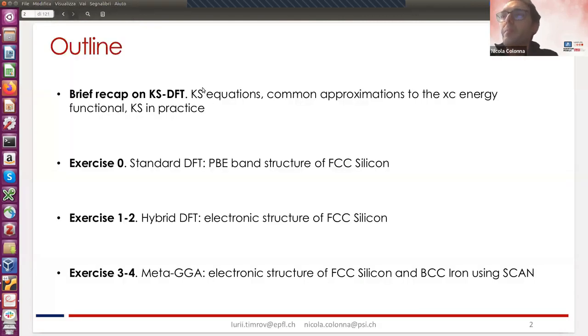Essentially, we are going to go through a brief recap on Kohn-Sham density functional theory: what the Kohn-Sham equations are, how they are implemented in Quantum ESPRESSO, and what the typical approximations for the exchange and correlation energy functional are. Then I will do a first very simple exercise on how to compute the band structure of bulk silicon using the PBE functional, and how to compute the band gap of, again, silicon using a hybrid functional scheme, like the one you heard about this morning from Professor Kronik.